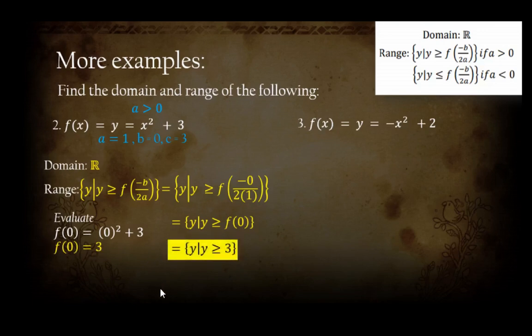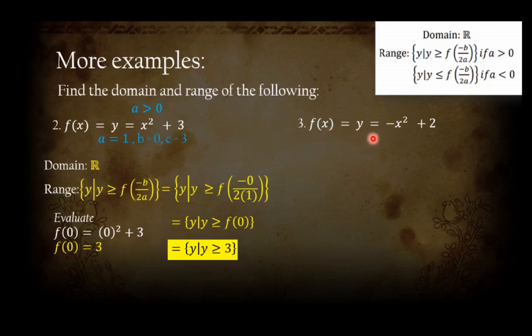That means our range is y such that y is greater than or equal to 3. So our y values, or range, can be 3 or anything larger than 3. So, that is the domain and range for this particular example.